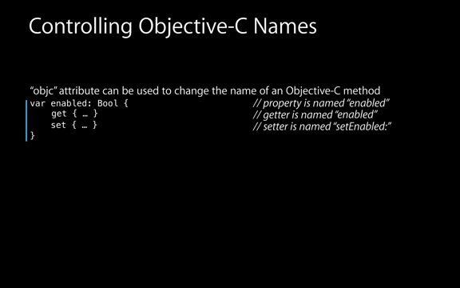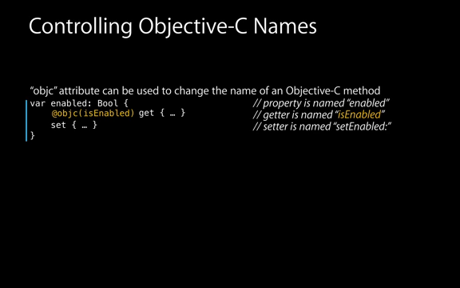That's not Cocoa convention. We'd really rather call the getter isEnabled. And so to do that, we just use the @objc attribute, providing it with the selector isEnabled, so we can control the mapping ourselves between these two languages. Don't expect you to do this often, but it's there if you need it.